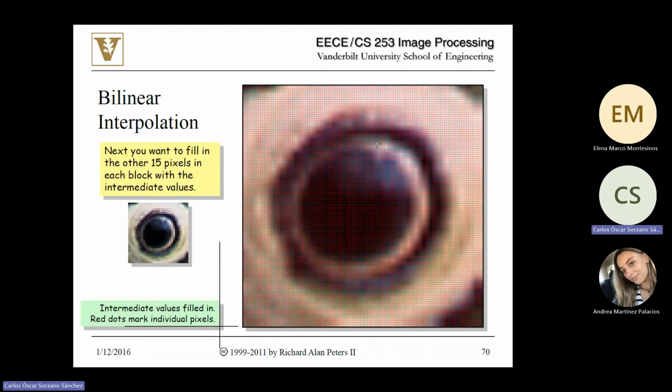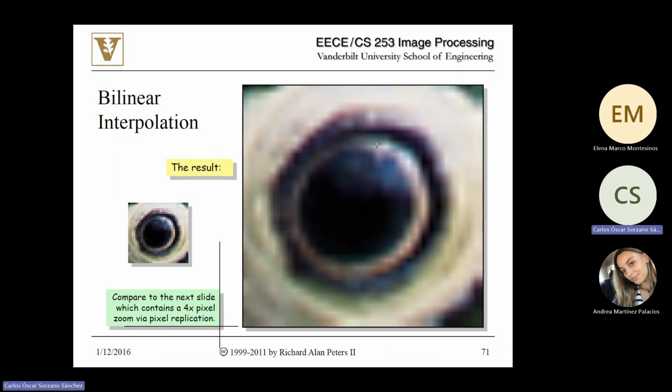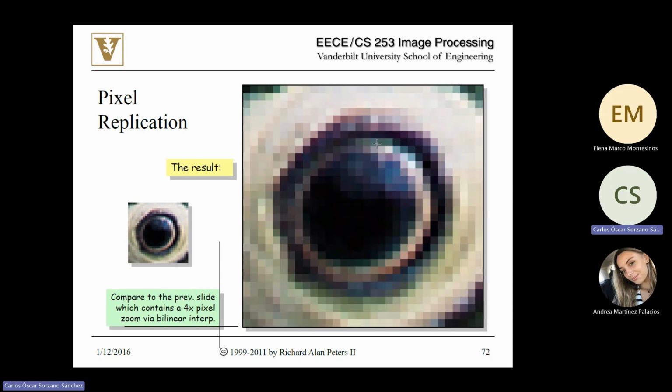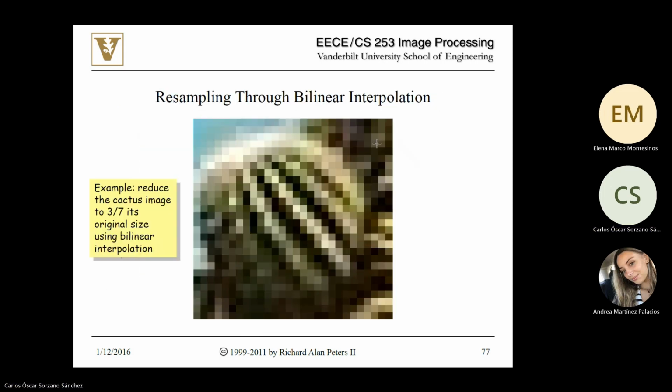If you try that big, it's much smoother. And this is nearest neighbor. Okay, so you see that the quality depends on information, on how many independent values we have. We have the same number of independent values, but this one is bad. Okay, so let's see.